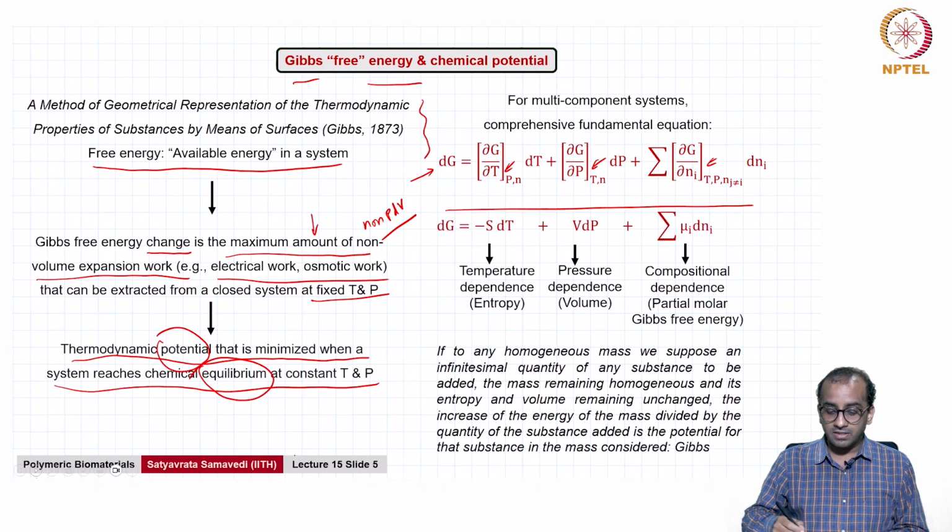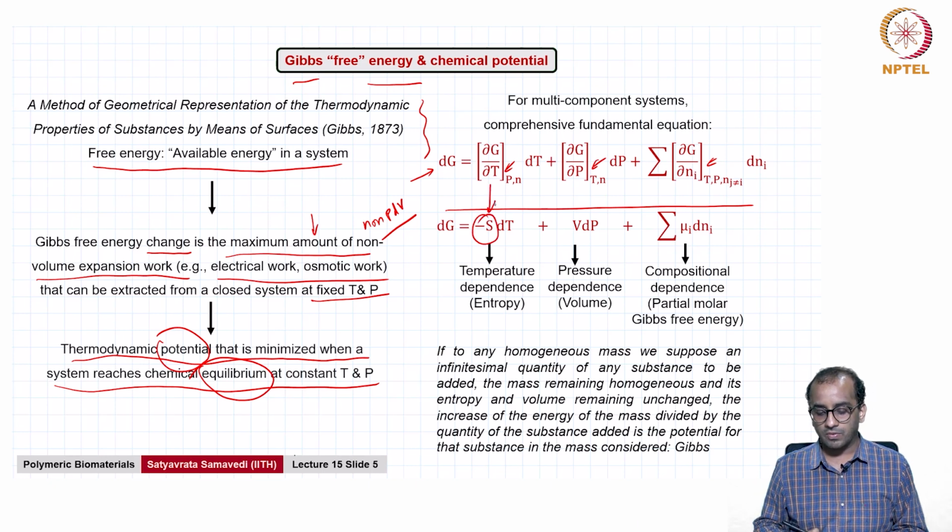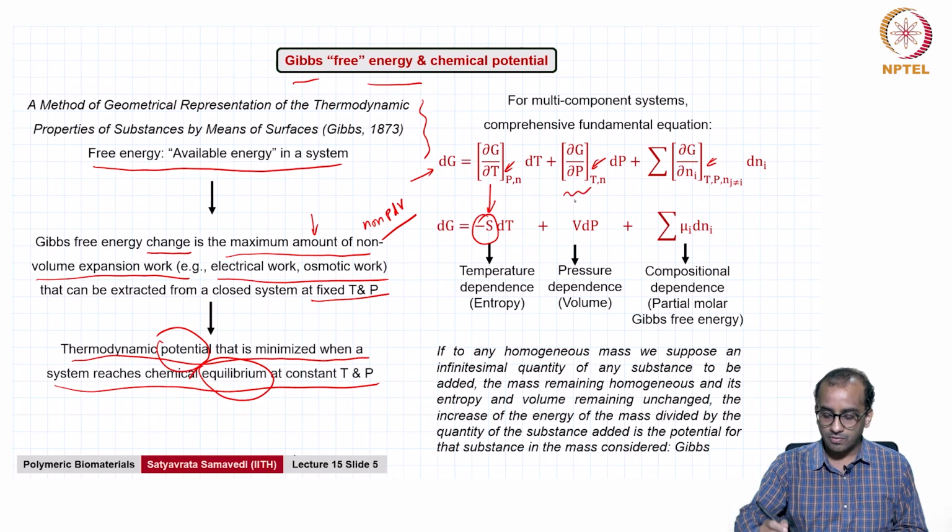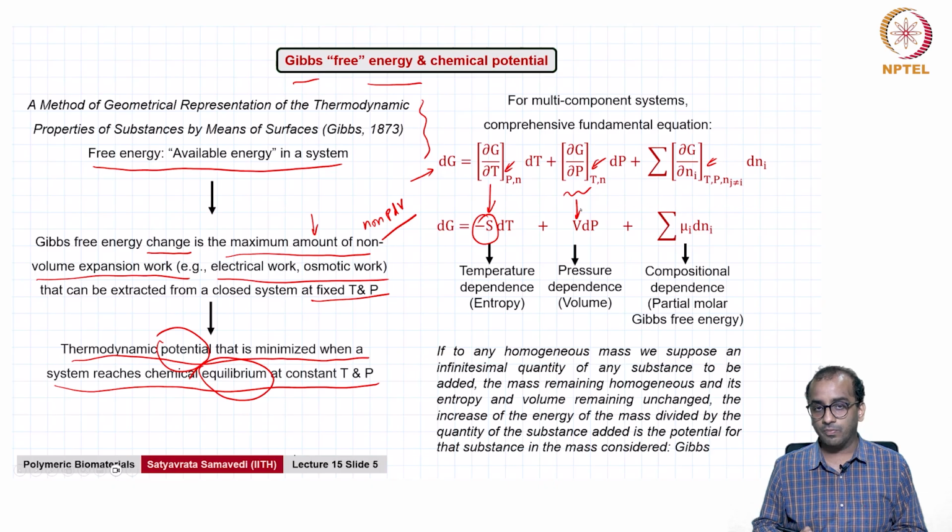The temperature dependence of the free energy will give you entropy, so this term will give you minus S. The pressure dependence will give you volume, and the composition dependence will give you what we call chemical potential or partial molar Gibbs free energy.